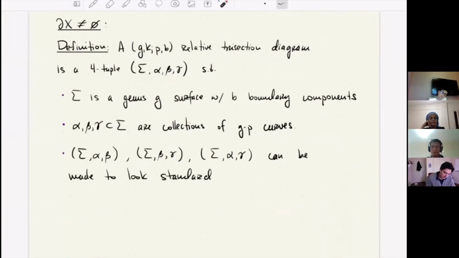And now one of the main conditions here is that you have a surface with boundary. Denote this by Σ_{g,b}. You have b boundary components, where b is strictly positive. And not only that, but you have fewer curves on your surface than there is genus.